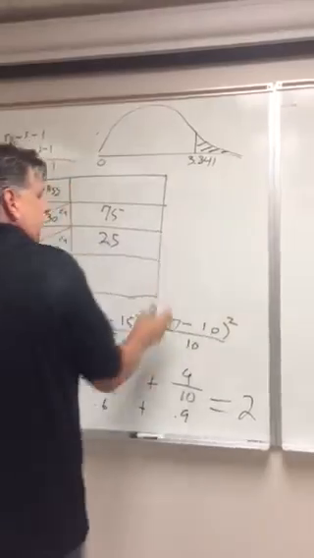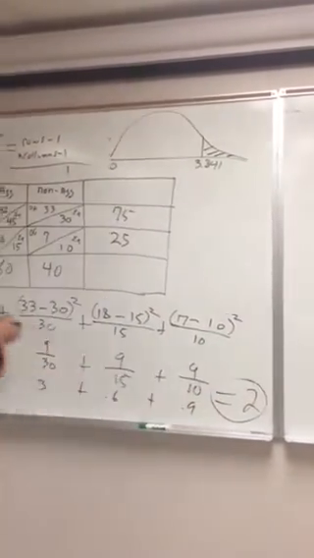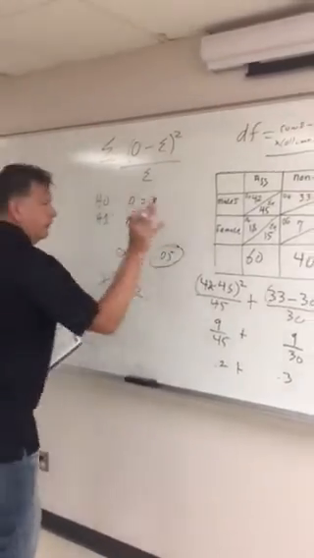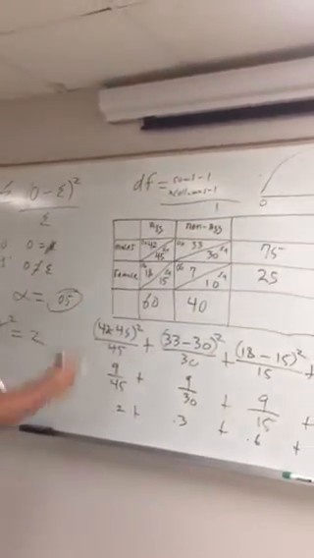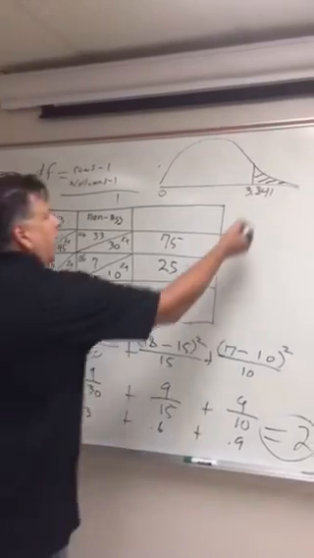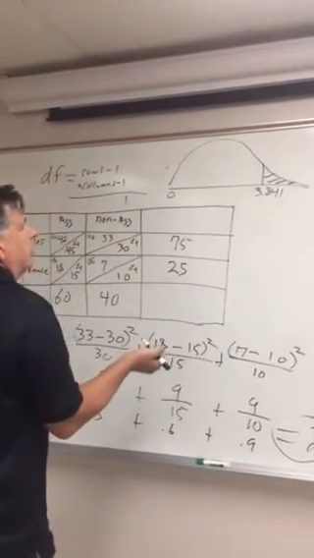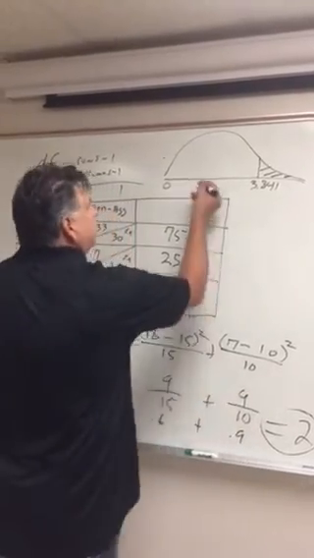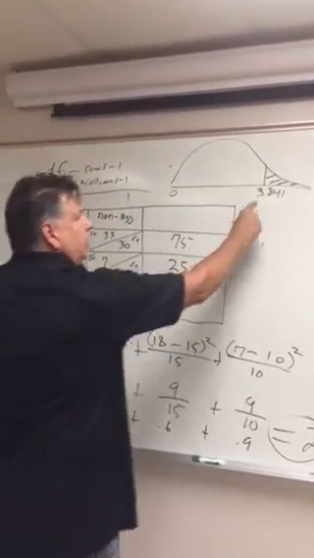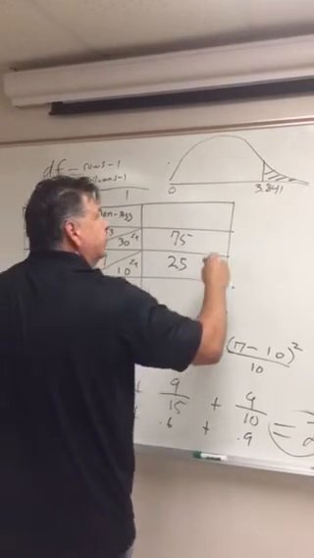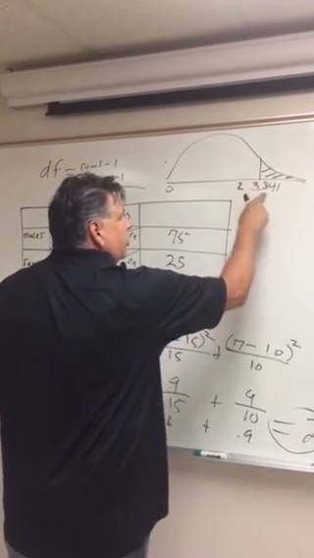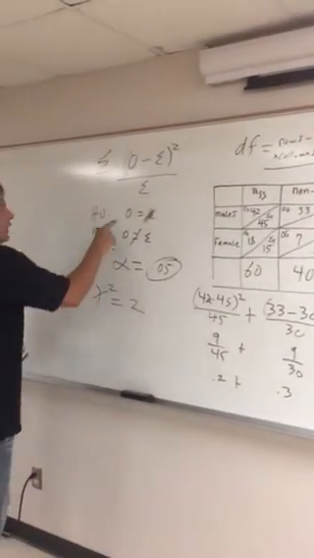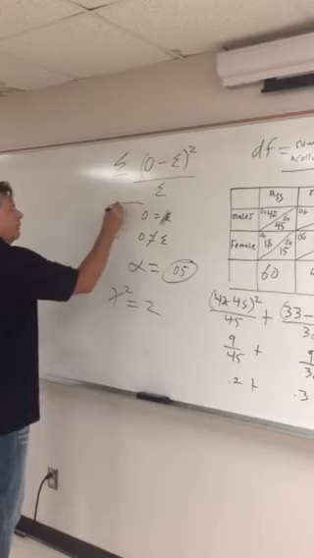So chi-square is equal to 2 from this data with 1 degree of freedom. I have a test statistic of 2, which does not fall into the critical region. 2 didn't make it to 3.841, so I will fail to reject the null hypothesis.